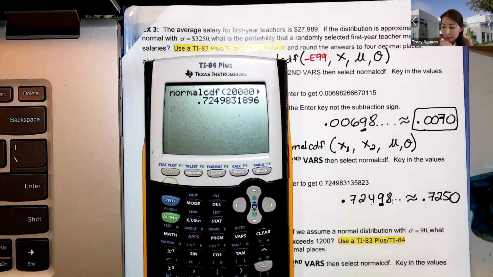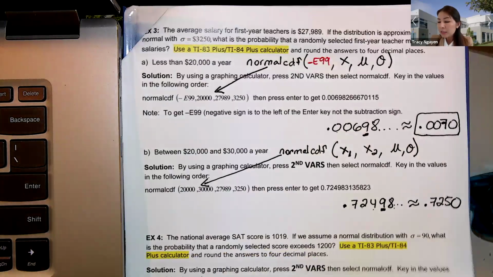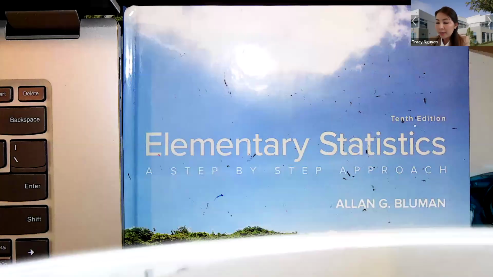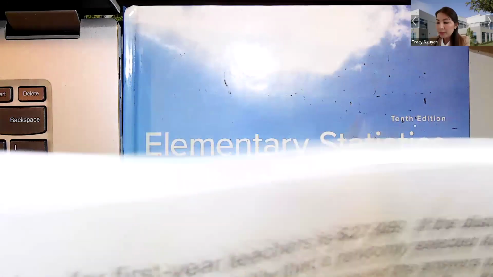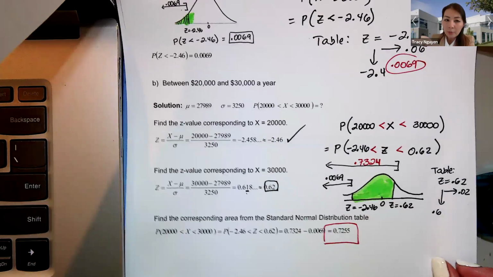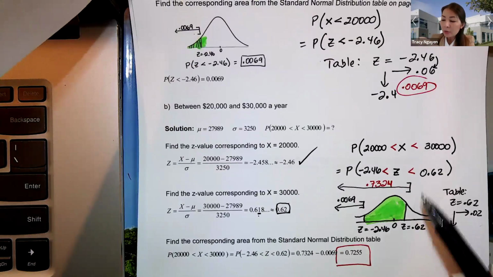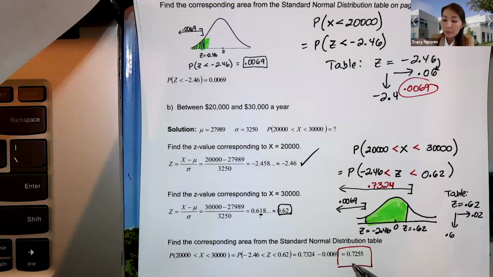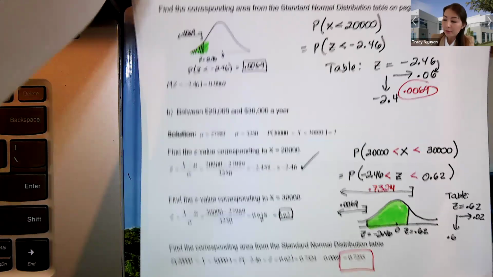So now what you see here from this result, we get 0.725. It's a teeny bit off compared to our previous result that we ended up with, 0.7255. So by doing it with the normal distribution table, we ended up with 0.7255.